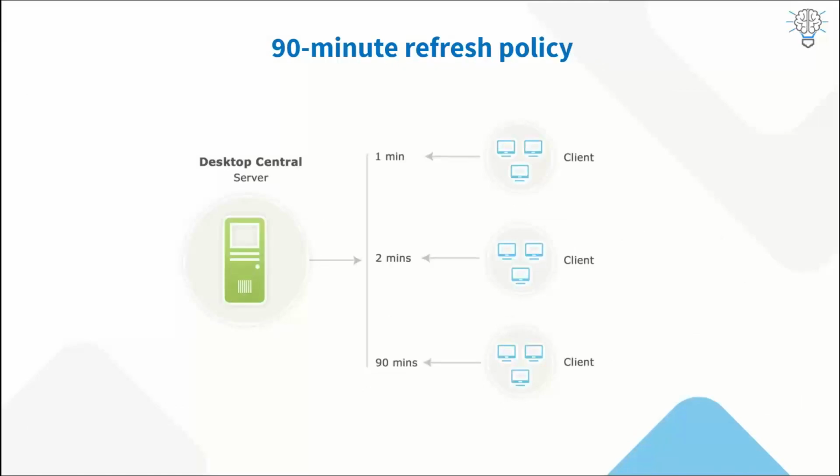And Desktop Central architecture is scalable to manage different networks and even a large network using our 90 minutes refresh policy. I will explain this in simple terms. A Desktop Central agent communicates with the Desktop Central server every 90 minutes, and this is called an agent refresh cycle.